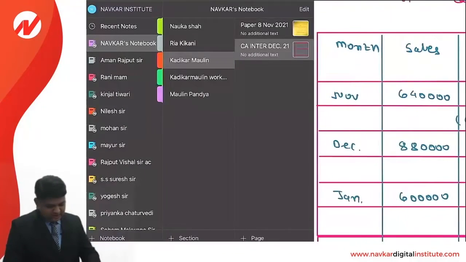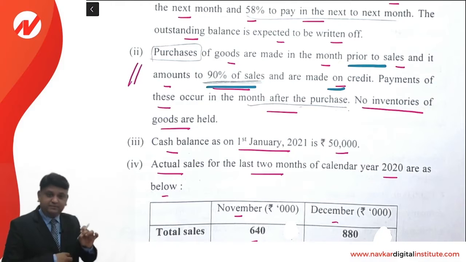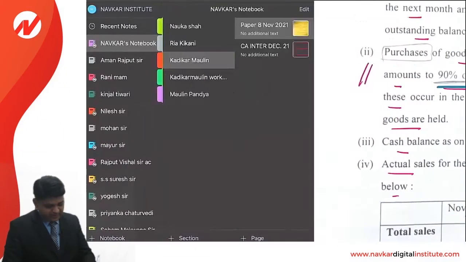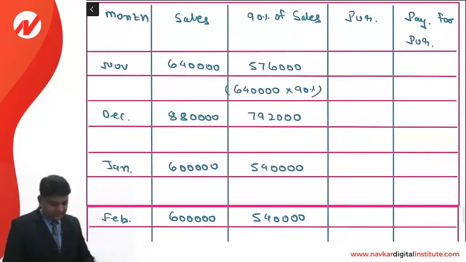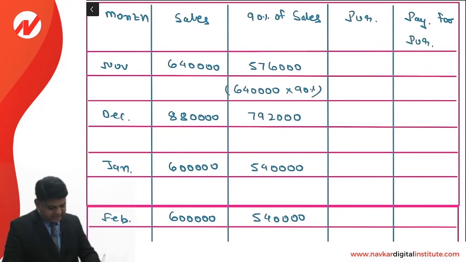Language of the question is very clear, dear students. Purchases of the goods are made in the month prior to the sales, that is 1 month before, and amounts to 90% of the sales and are made on credit. So the next column is purchase. In the month of November, the purchase would be an amount of 7,92,000.